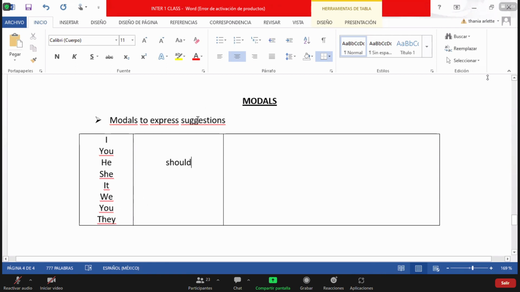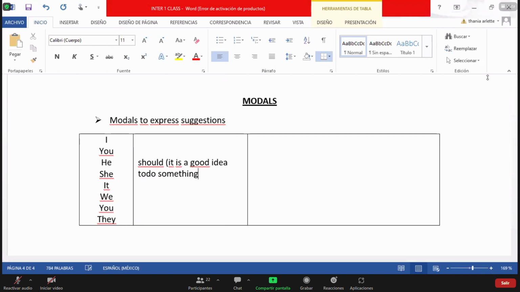What is the meaning of should? It is a modal auxiliary that we are going to use to say that it is a good idea to do something.